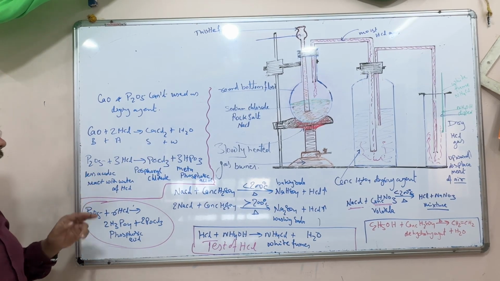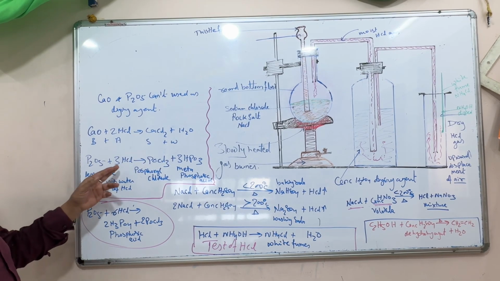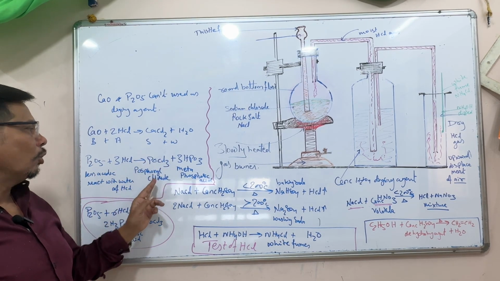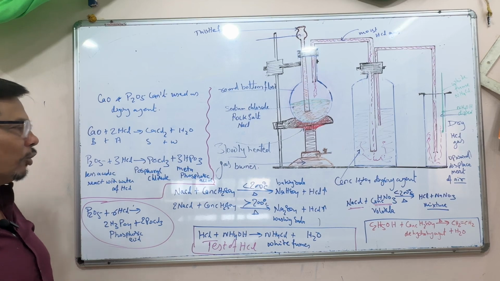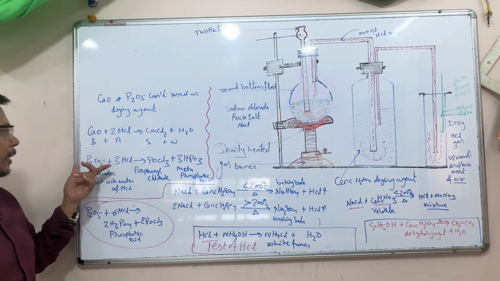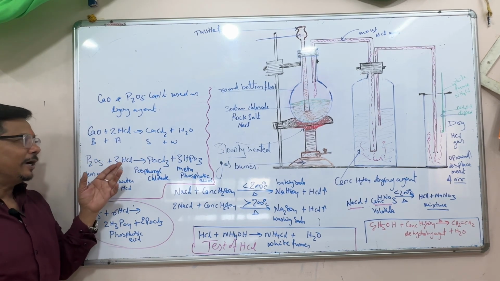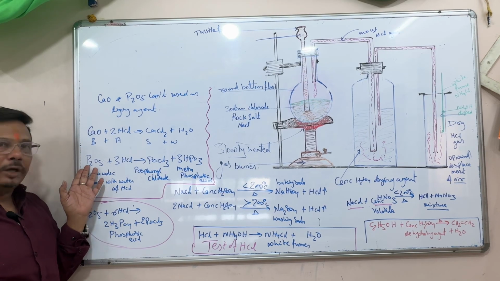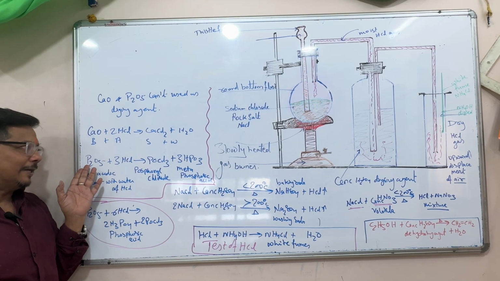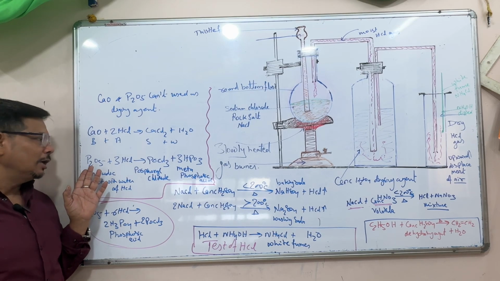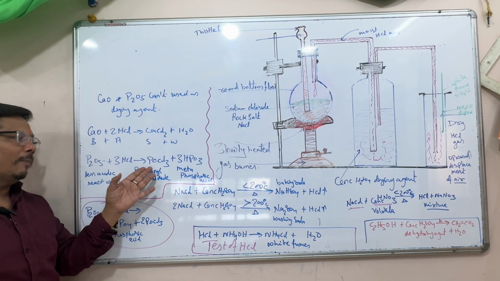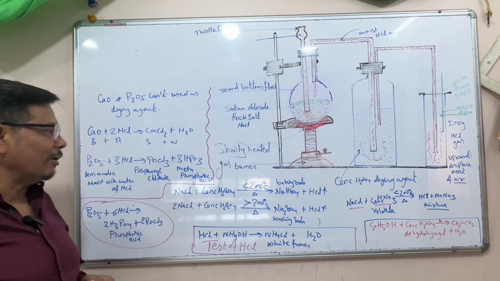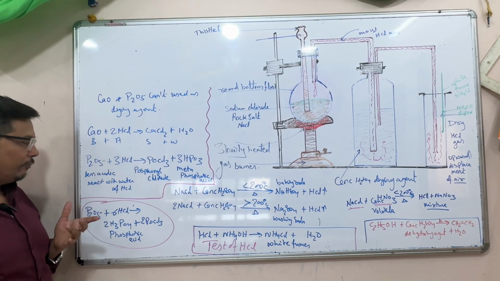Now phosphorus pentoxide reacts with HCl to form phosphoryl chloride and metaphosphoric acid. So when we use P2O5, it reacts with the water molecule of HCl also, and it is acidic, though a weak acid.